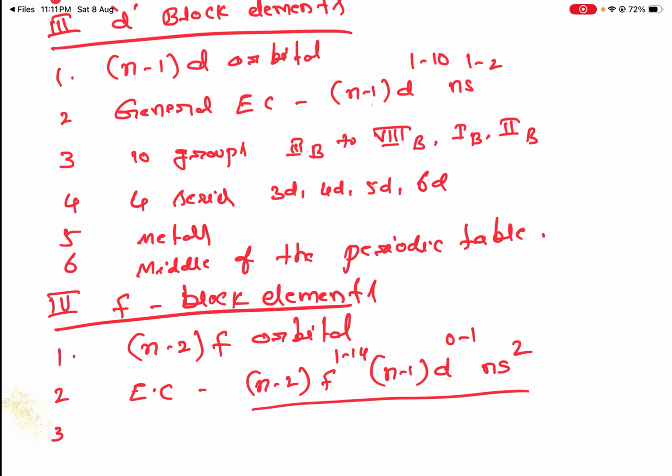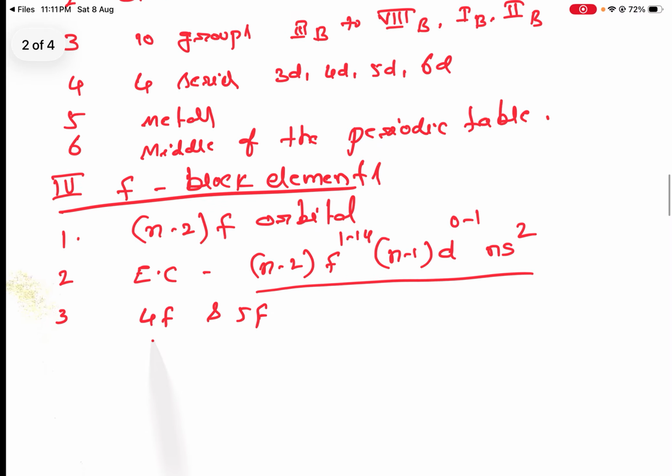Next, the third point: this f block contains two series, that is 4f and 5f series. The 4f series is known as lanthanoids.